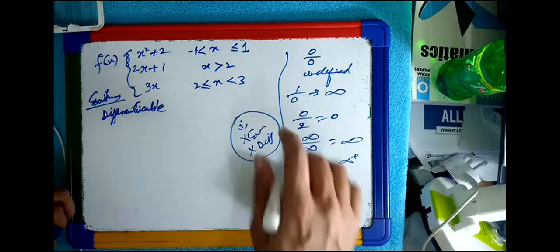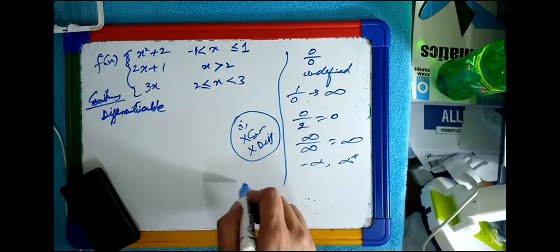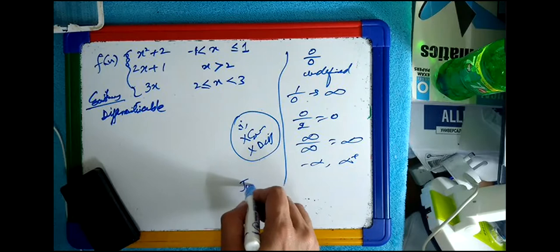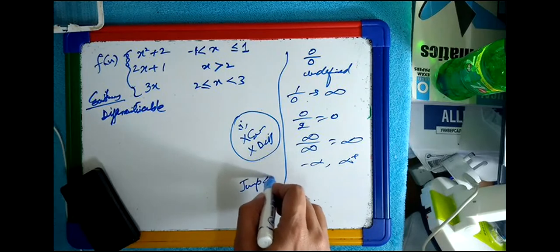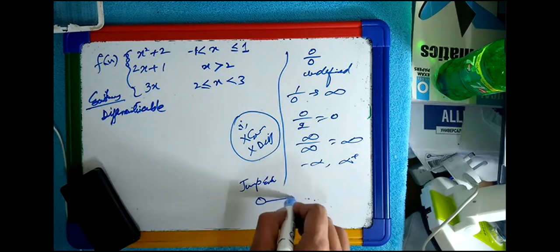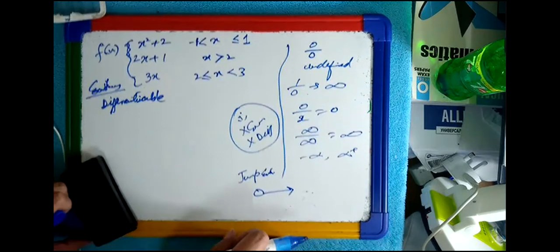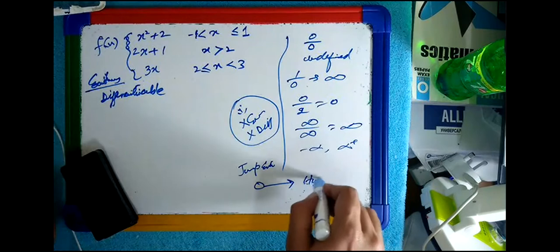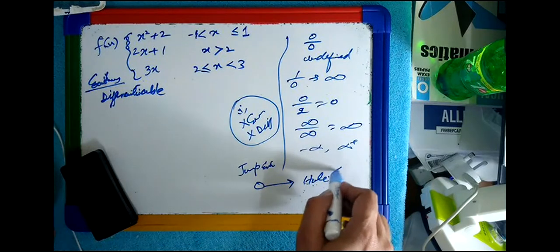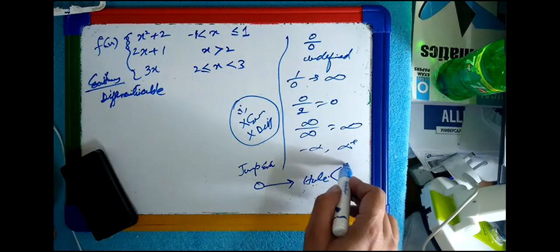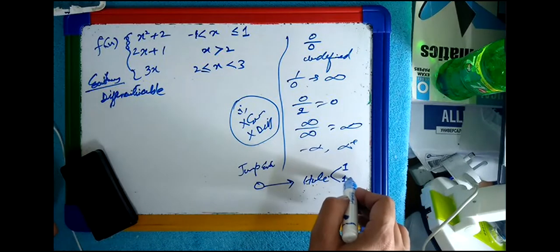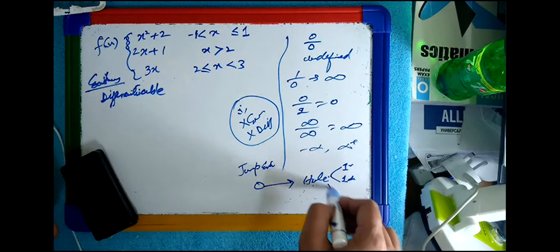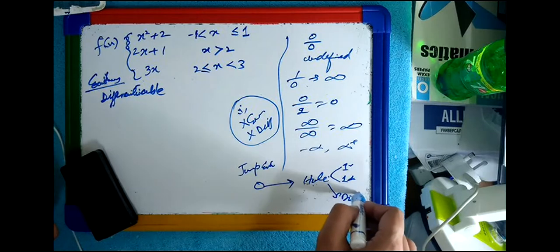Another thing is jump continuity. And one is a hole: when one piece is continuous, one is differentiable, and the third one is discontinuous, this is called a hole.